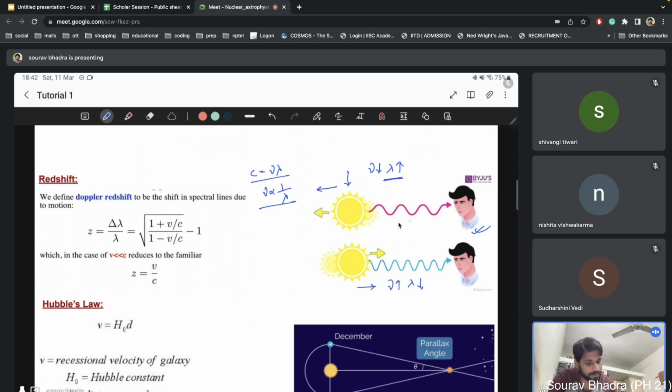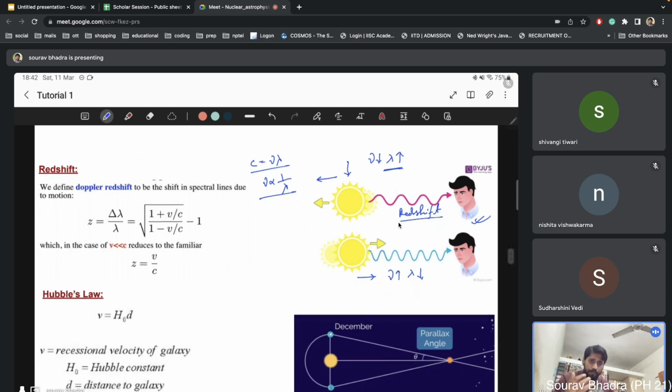That is why we call it redshift, because it is shifting towards the higher wavelength side, the red light side. And blue has the lowest value of wavelength, that is why we call it blueshift. Redshift and blueshift are very important. Remember always, whenever an object is going to a farther distance from you, it will show redshift, and when it is coming towards you, it will show the blueshift effect.